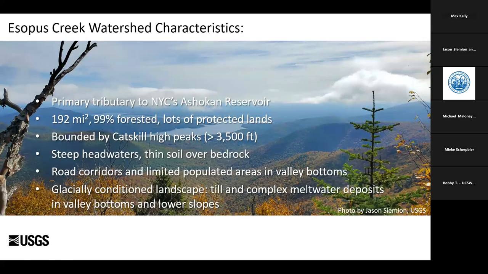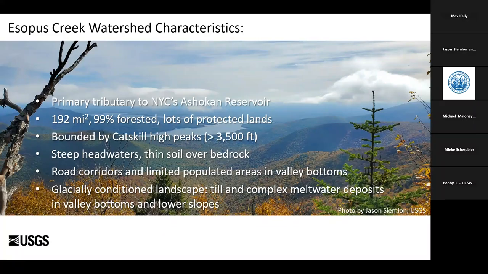So for anybody on the call that's not completely familiar with the Upper Esopus, it's the primary tributary to the Ashokan Reservoir, nearly 200 square miles in area, nearly 100% forested with a lot of protected lands, lots of DEC wild forest and wilderness, especially at the higher elevations. It's bounded by Catskill high peaks on most of the perimeter, with steep headwaters, thin soil over bedrock.